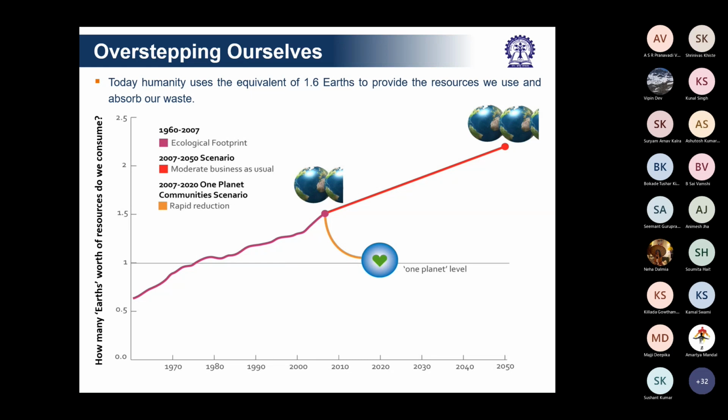What does this mean? It means that it now takes the Earth 1 year and 8 months to regenerate what we use in a year. So we use more ecological resources and services than nature can regenerate through overfishing, overharvesting forests, and emitting more carbon dioxide into the atmosphere than forests can sequester.